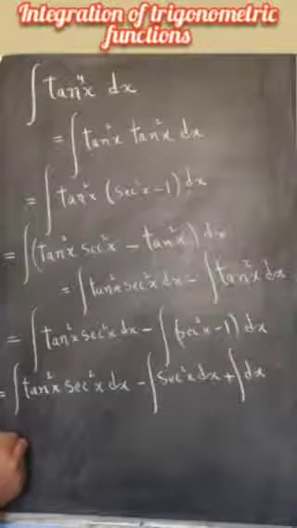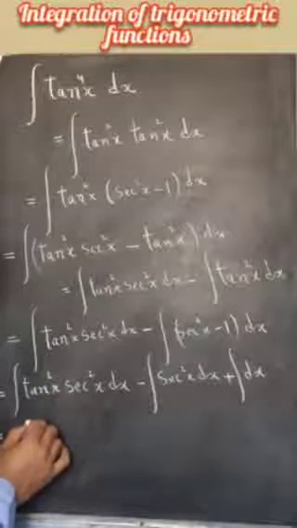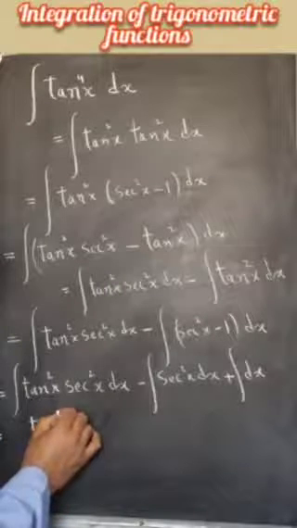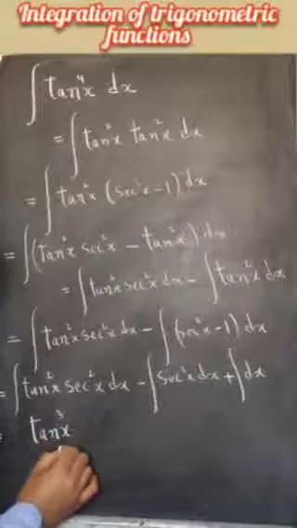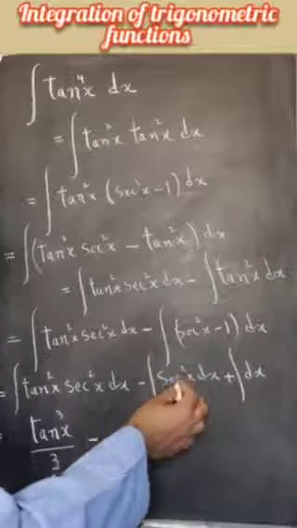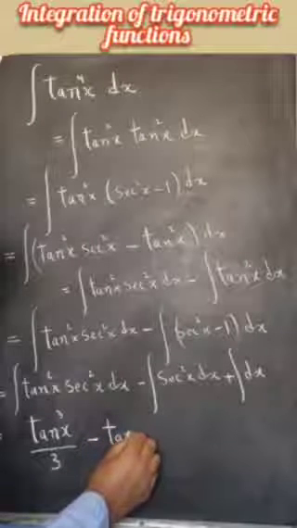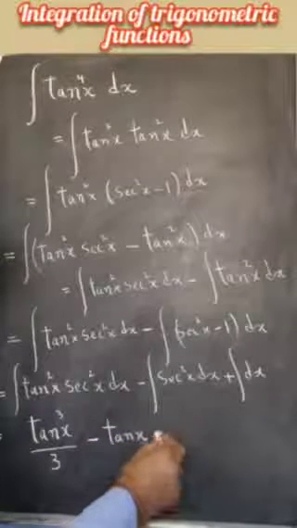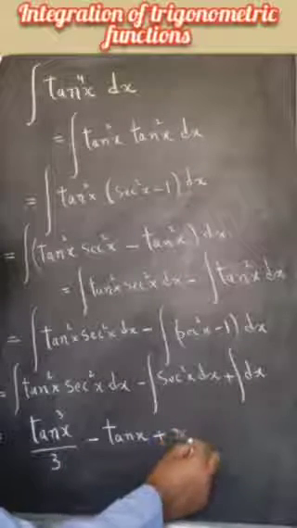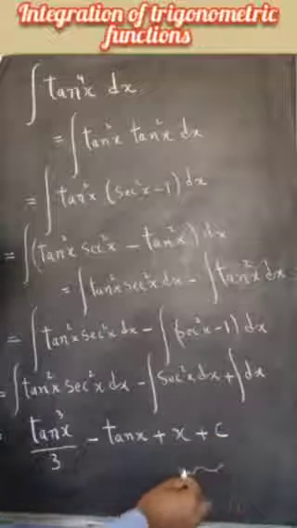So we can write integral tan square x secant square x as tan raised to power 3 x divided by 3. Then we have minus integration of secant square x is tan of x, plus integration of dx, that is x, plus constant of integration c. That completes the question.